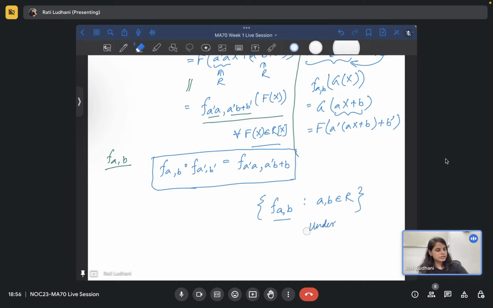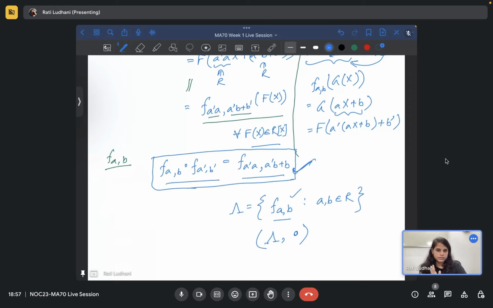So you take this set, let's say lambda, with composition. You can also check this closure property, because when you take the composition, you again get this kind of map.